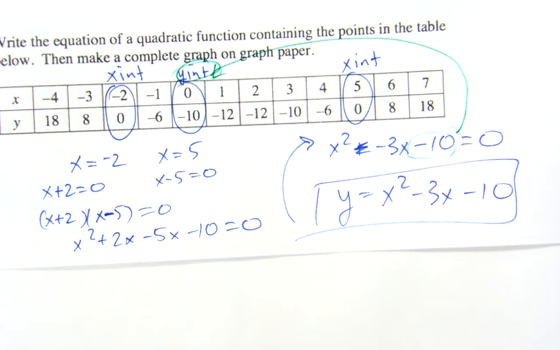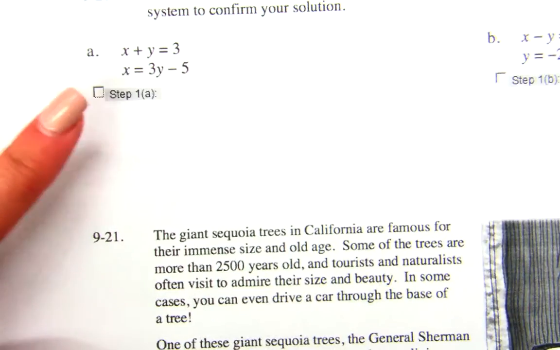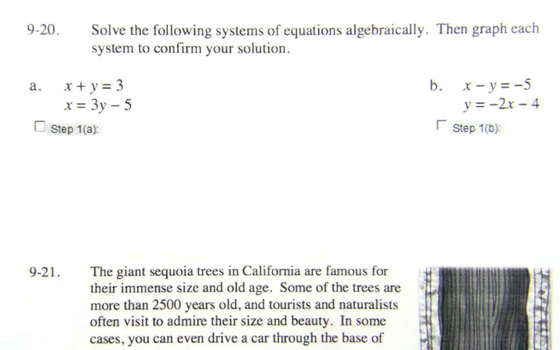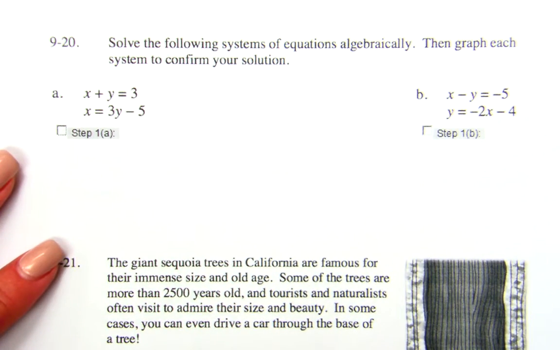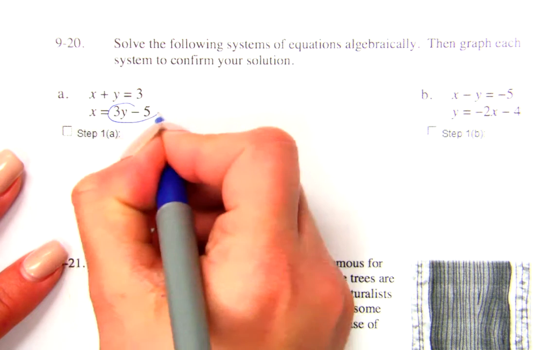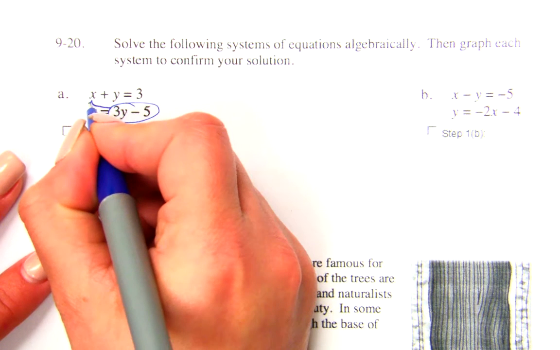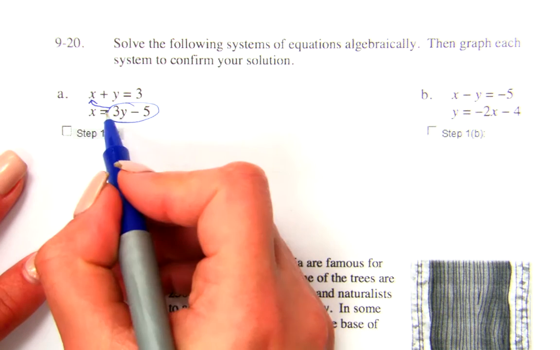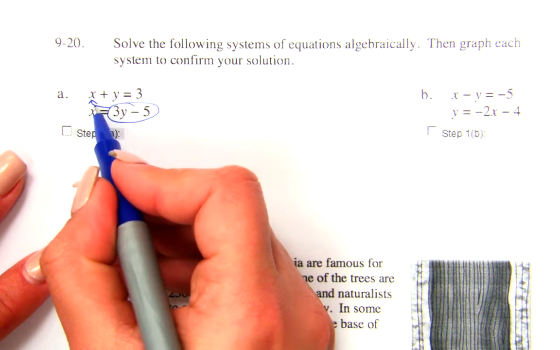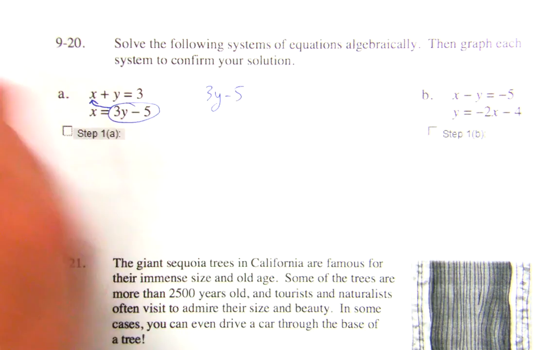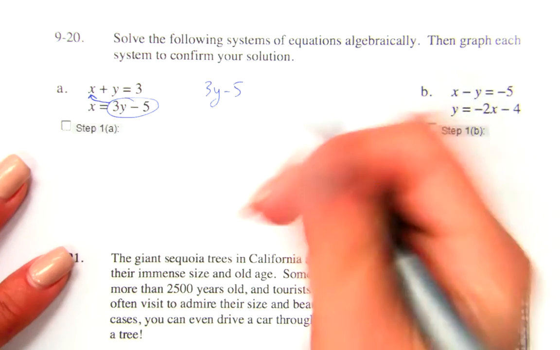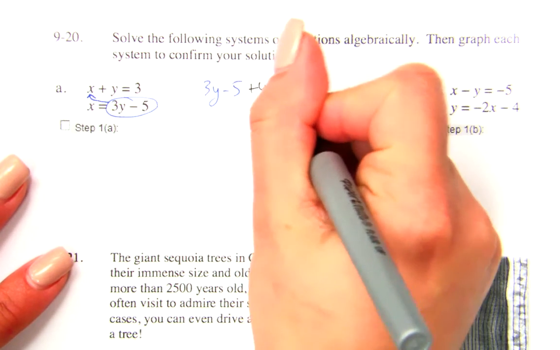Okay, that was 19. Number 20, you need to substitute. I kind of did this one yesterday, I think, if I'm not mistaken. I did something like this yesterday. If I didn't, you'll have to correct me. You need to substitute 3y minus 5 into the x. So it should look like 3y minus 5 plus y equals 3.